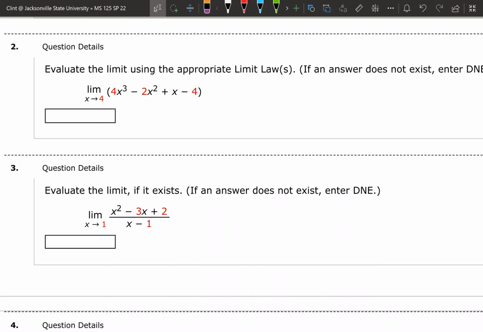All right, number 2 says use the limit laws to find the limit. We want the limit of this polynomial as x approaches 4. So we've got a limit law for polynomials. We just plug it in, yeah. So our rule, if we have a polynomial, we can just do direct substitution. So this limit's just going to be whatever we get when we plug in 4.